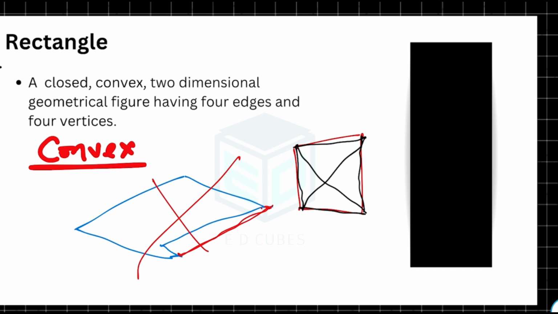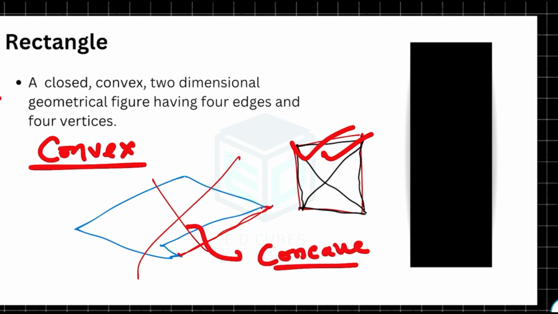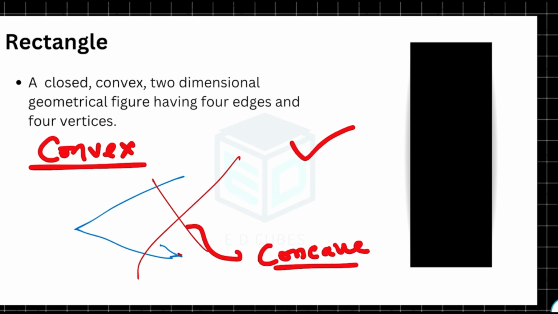So this is a convex figure. Understood the difference between a convex figure and a figure that is not convex? So this is a concave figure.